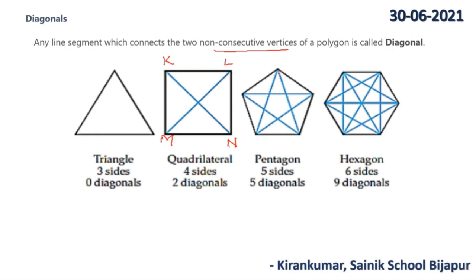In the case of a pentagon which has 5 sides, there will be 5 diagonals. In case of a hexagon, there are 6 sides and there will be 9 pairs of non-consecutive vertices, hence 9 diagonals are present in a hexagon.